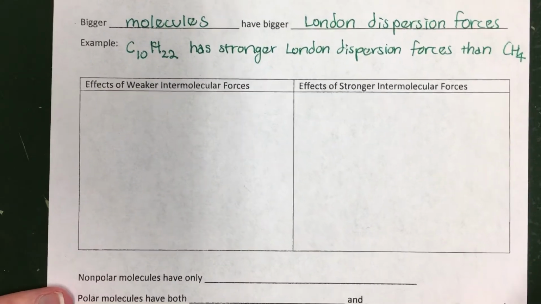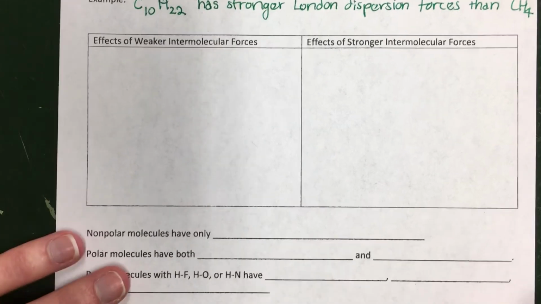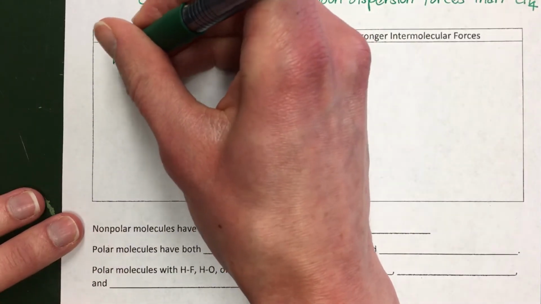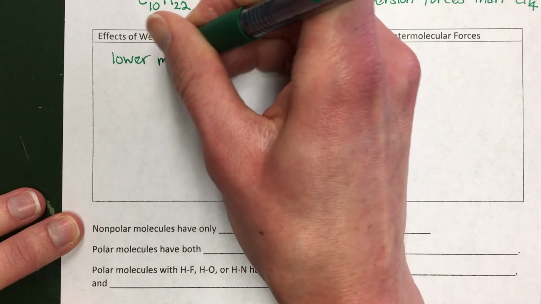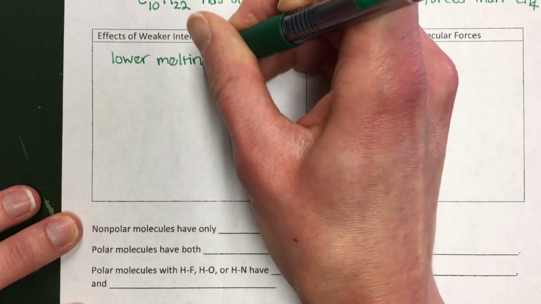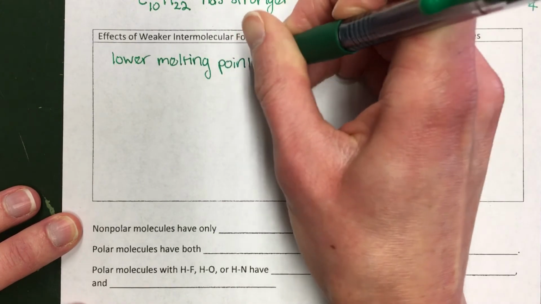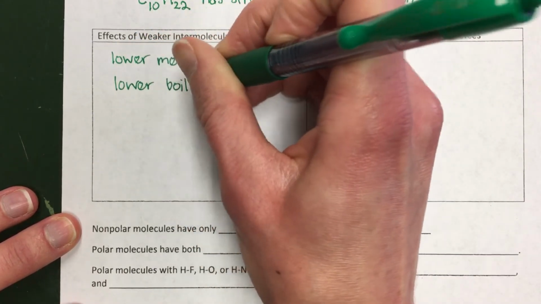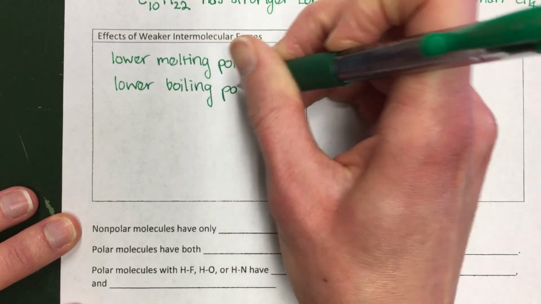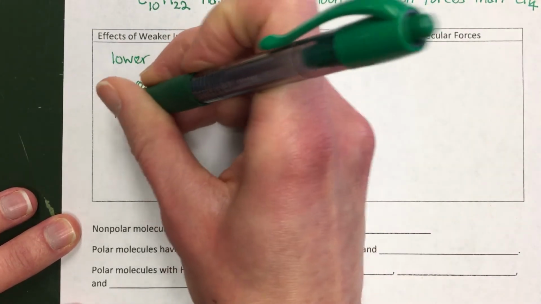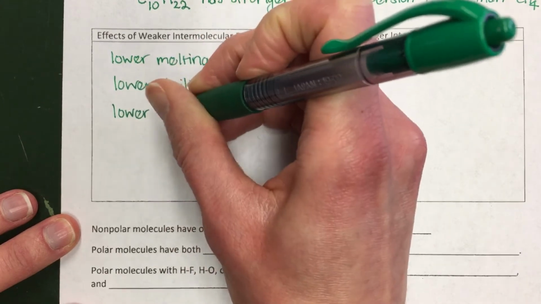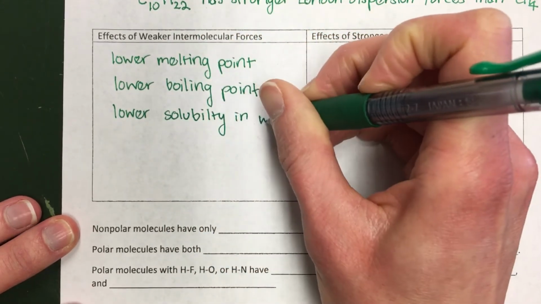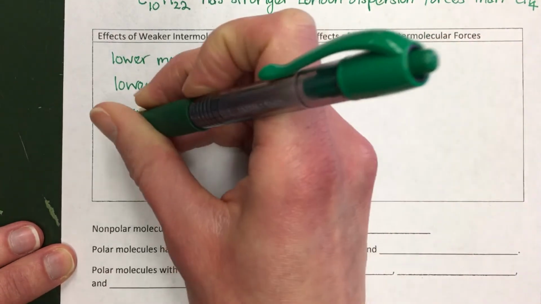Okay, so a couple things that happen because of intermolecular forces. Weaker intermolecular forces are going to cause you to have a lower melting point, a lower boiling point, a lower solubility in water, and lower surface tension.